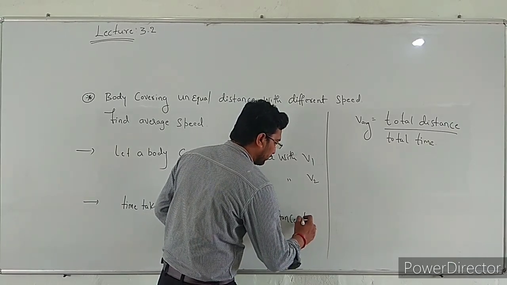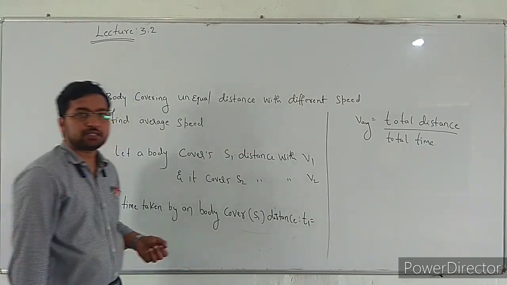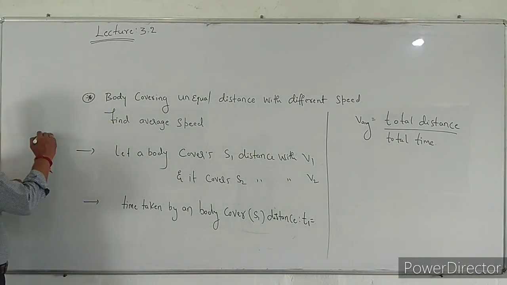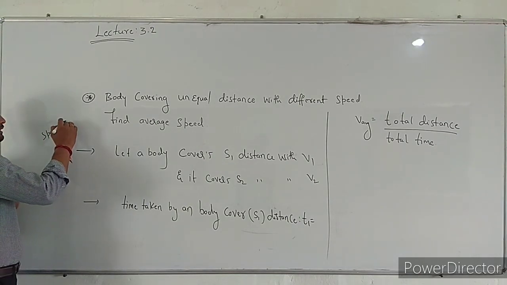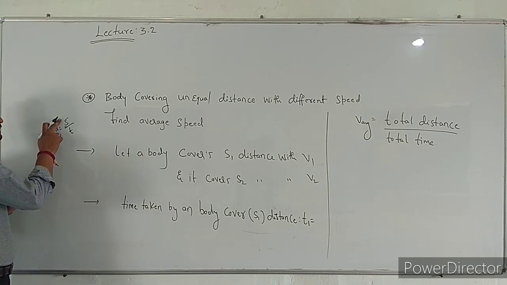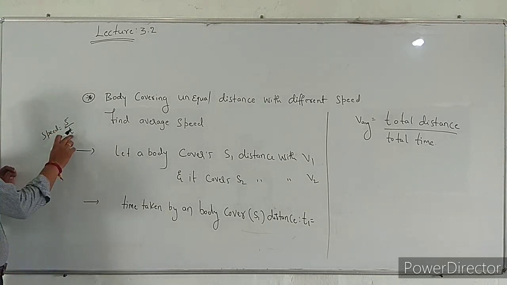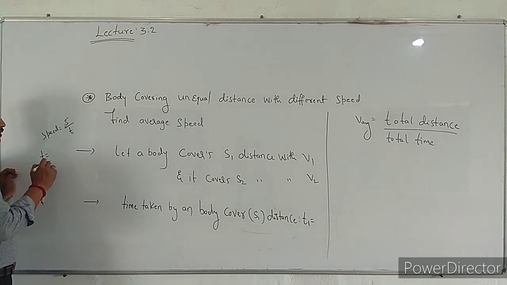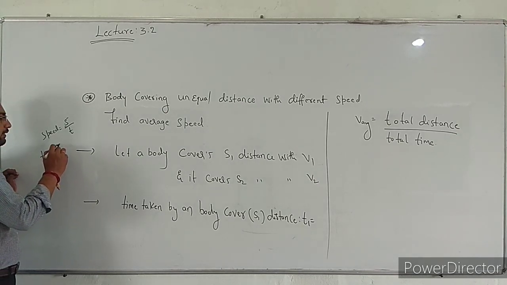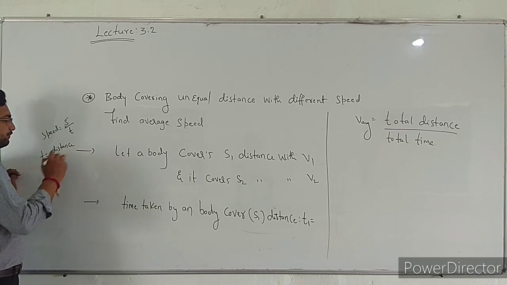So that is t1 is equal to. Already we know the definition of speed: speed is equal to distance by time. Here s is the distance and t indicates time. In this case we want the t value, so t is equal to distance divided by speed.